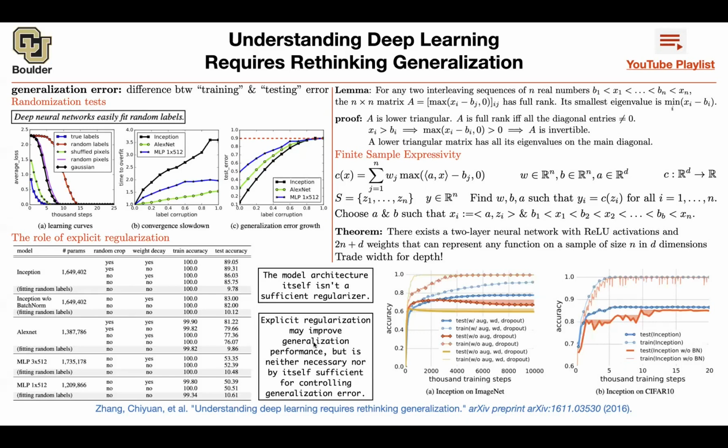It is actually helping, and you're right in the sense that it's going to help your neural network not overfit to some extent, but you cannot say that because of explicit or implicit regularization, I can explain the fact that neural networks have a low generalization error. Okay, that makes more sense. At the same time, it is not sufficient. It means that you're going to need more. Something else is actually explaining the low generalization error.